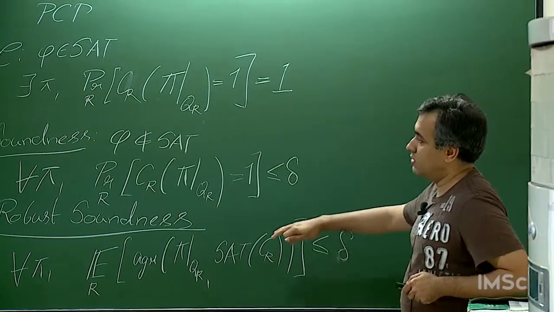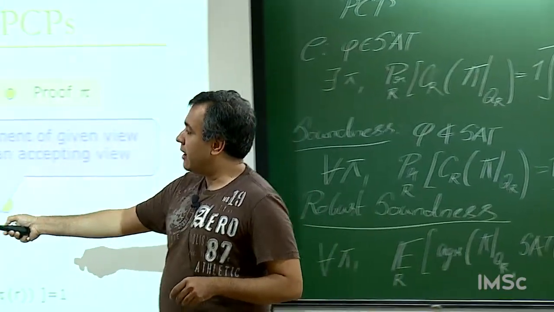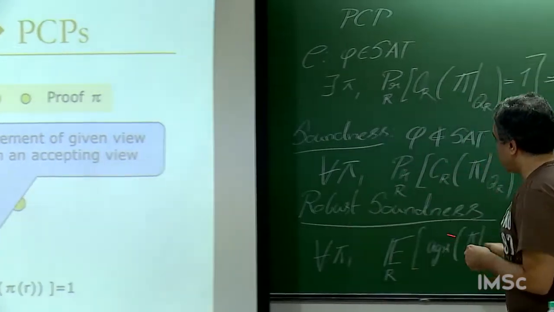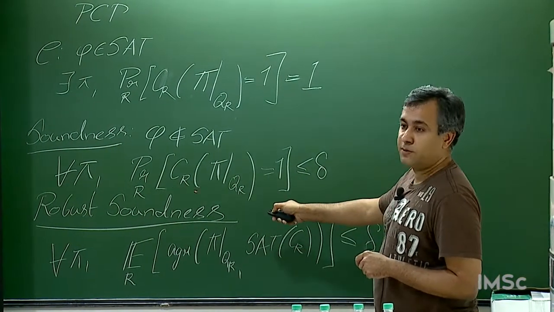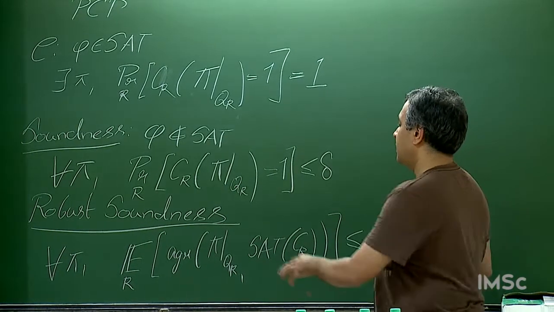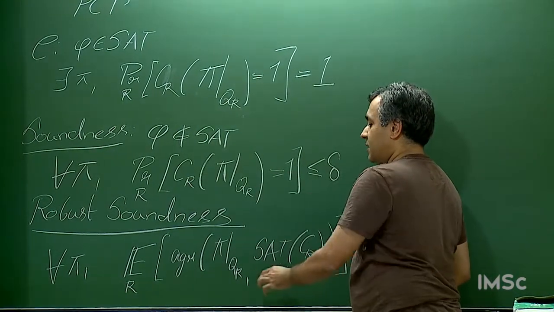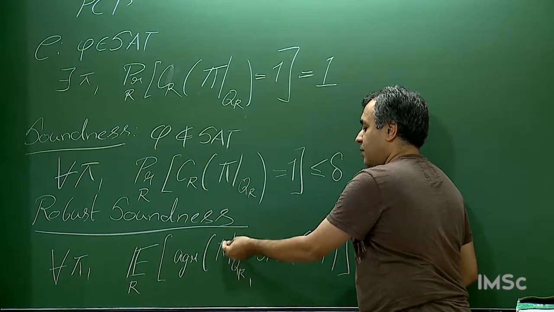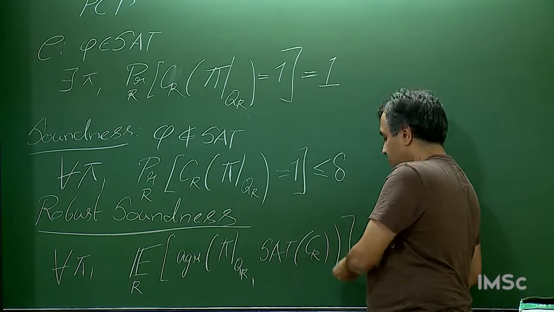So this is what you get. If I have that statement, then I have a PCP which has this stronger soundness property, much stronger than the property that I want. This one states that the number of views which are completely satisfiable is at most delta. This says not just completely satisfiable: the fact that a view has even some agreement with a satisfying view is at most delta.